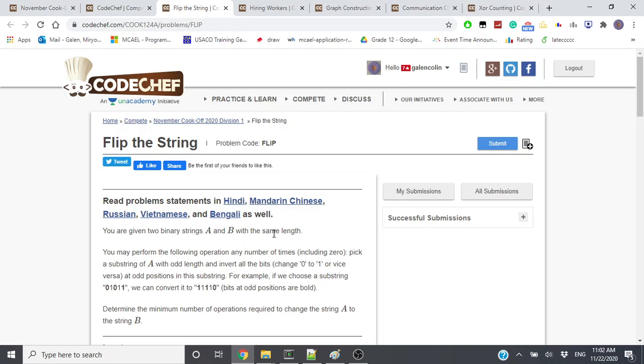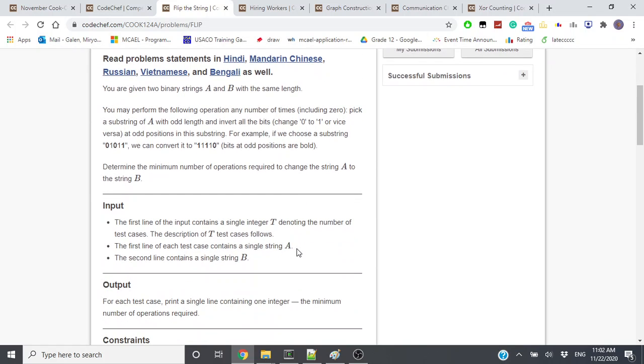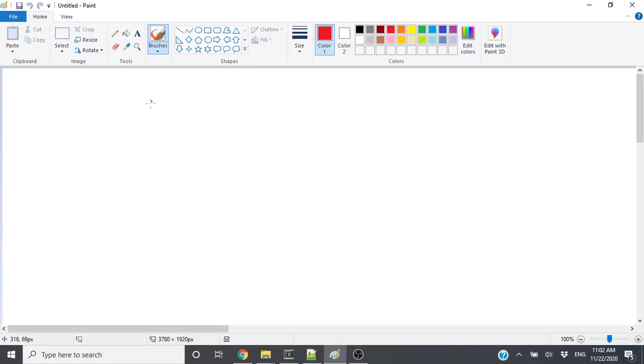You're given 2 binary strings A and B with the same length. You may pick a substring of A with odd length and invert all of the bits. Change the string A to the string B. Okay, so the idea here, I suppose, would be to consider the strings. You want to make them equal.